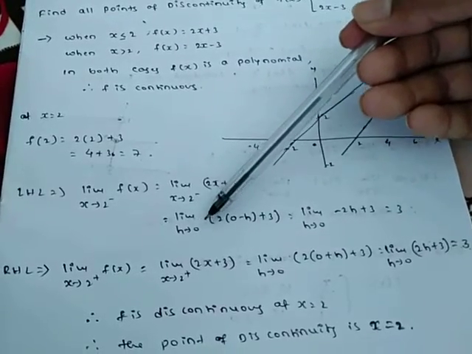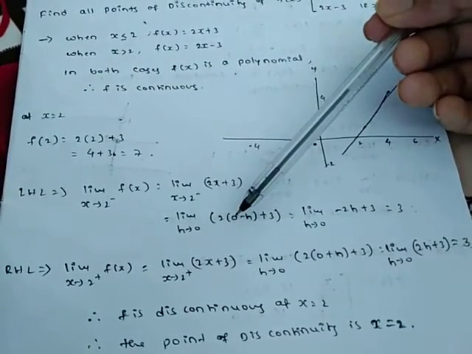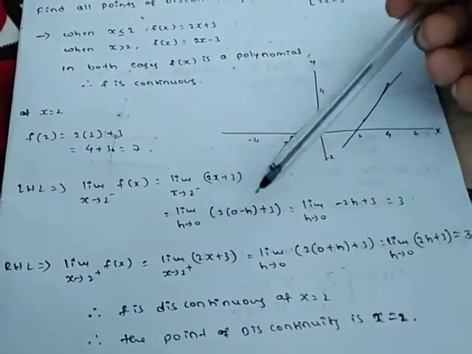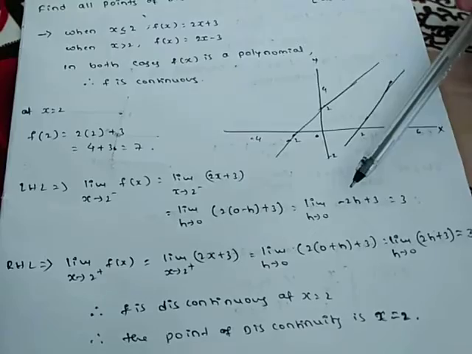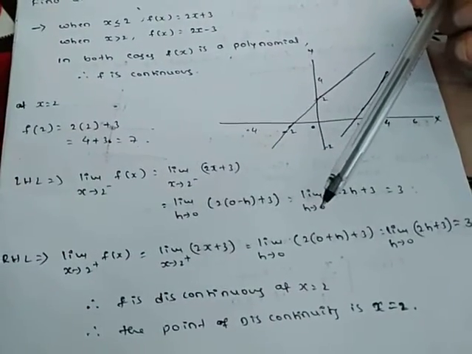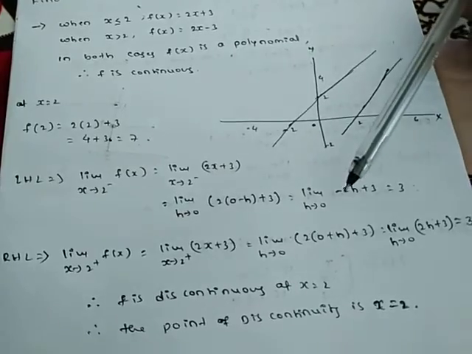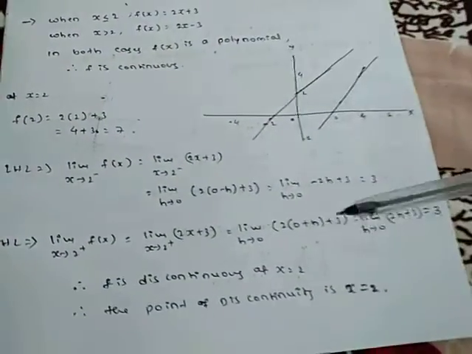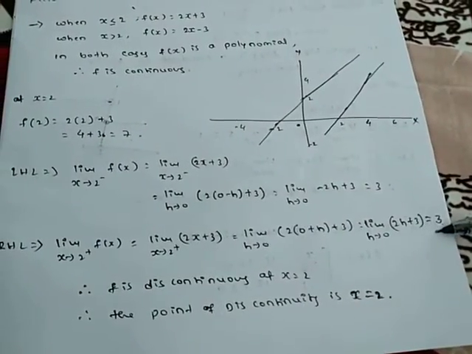So limit h tends to 0 of 2 into (2 minus h) plus 3, because we have chosen LHL, we are applying a small quantity h. So 2 into 2 is 4, 2 into minus h is minus 2h, plus 3. Suppose you apply h is equal to 0, we get 4 plus 3, which is 7. Similarly, we have found RHL is 3.